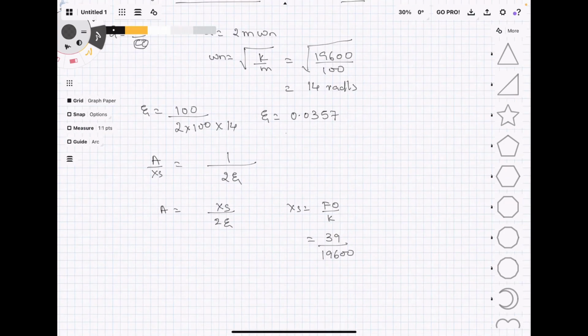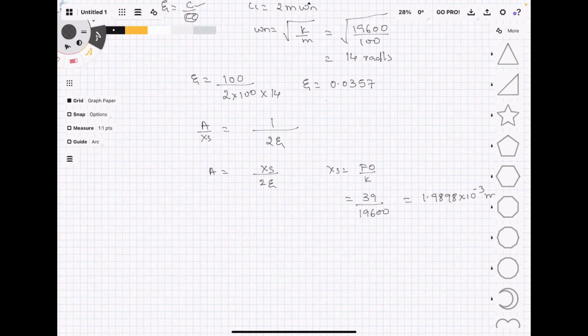If you take this value, you'll be getting static deflection as 1.9898 into 10 to the power minus 3 meter. Substituting here, 1.9898 into 10 to the power minus 3 divided by 2 into 0.0357, you'll be getting an amplitude of 0.028 meter.